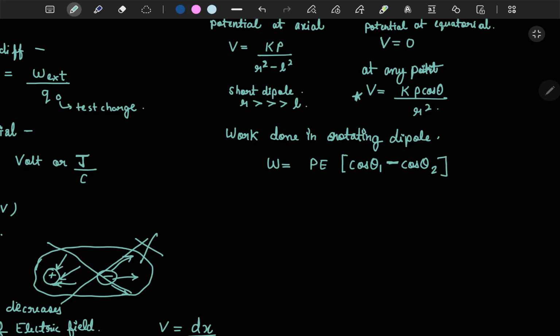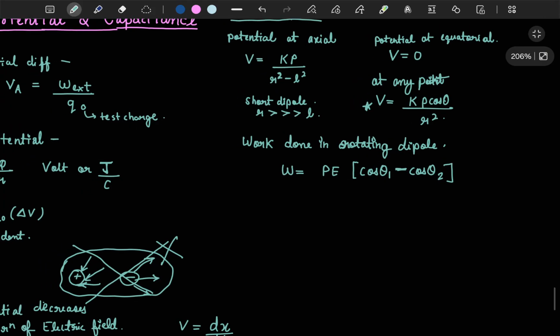Because as we have remembered from the previous lecture, the potential energy was minus pE cos theta, and work done is negative of change of potential energy.